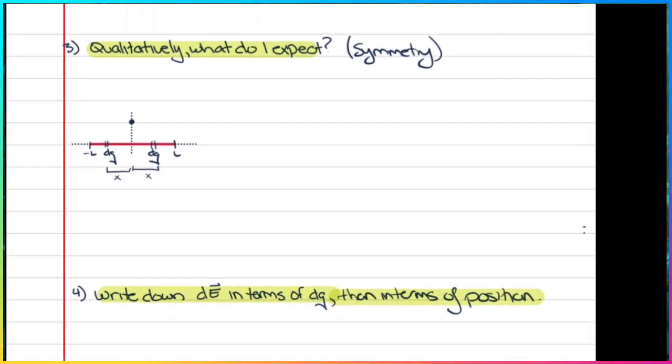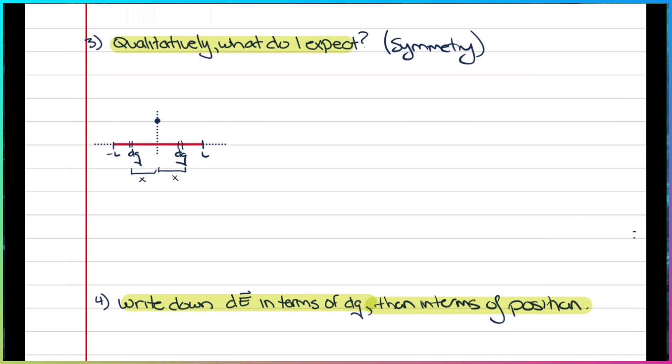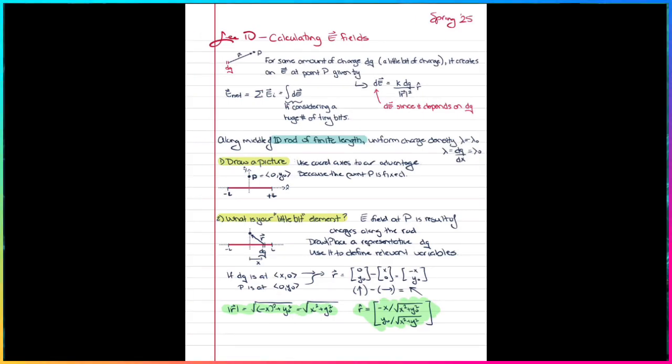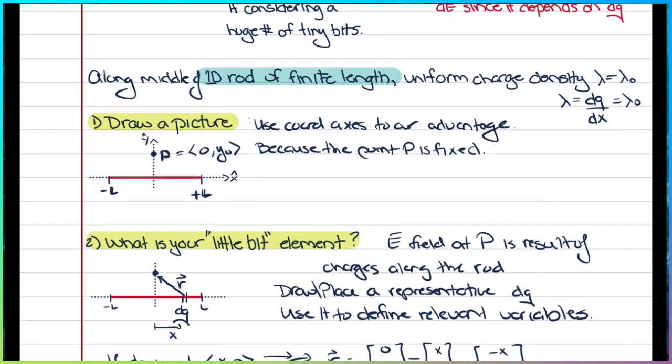Now a good thing to do is to maybe consider, maybe we should have done this first actually, qualitatively, what do I expect? And by that I mean, does symmetry tell me anything about what to expect the answer to be? If I have a hunch for what the answer should be, then that can serve as a sanity check against myself. So again, I have this rod and this point P that bisects this rod.